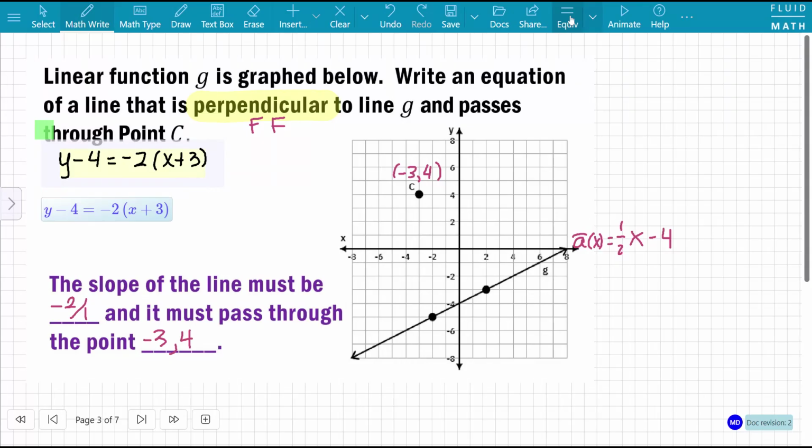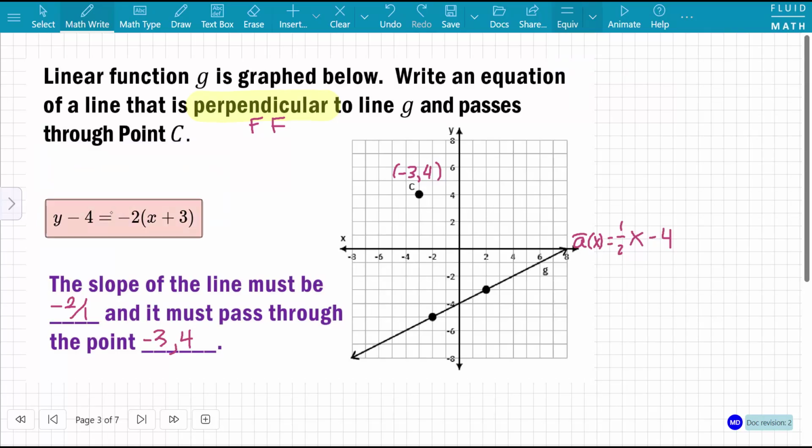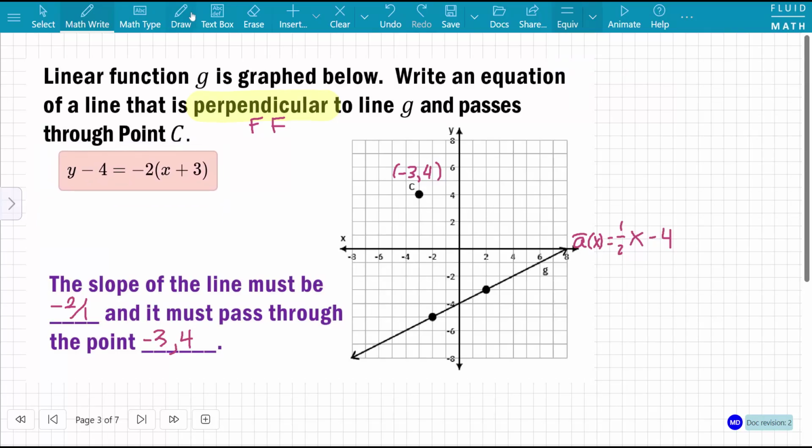I'm going to turn my equivalence on because I'm definitely trying to make sure that I know what is going on here. Okay, then I'm going to distribute the -2. Y minus 4 equals -2x minus 6.